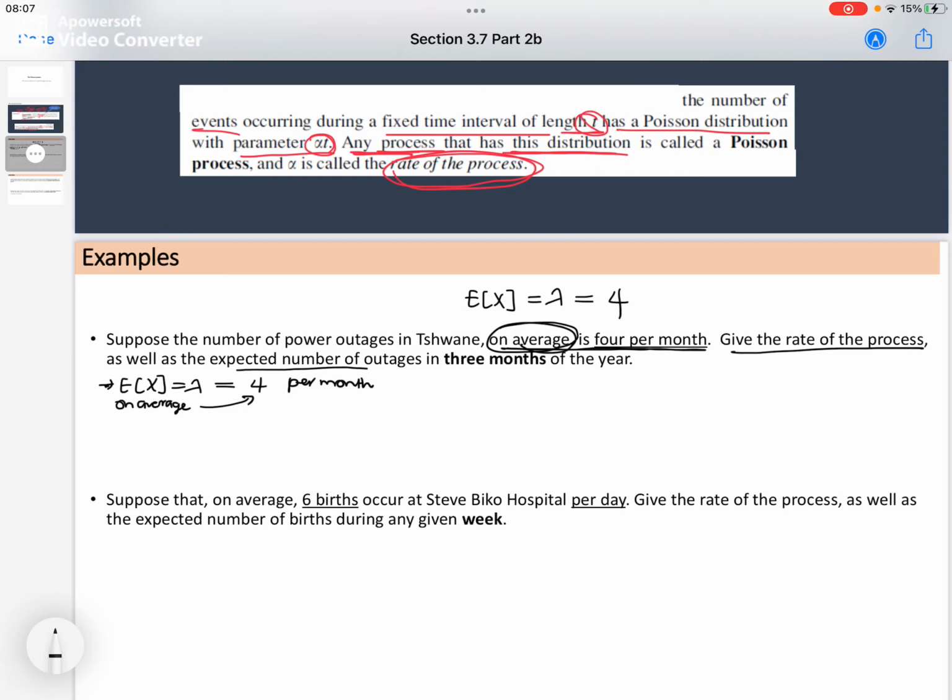Now give the rate of the process as well as the expected number of outages in 3 months of the year.